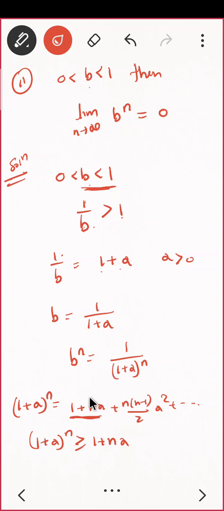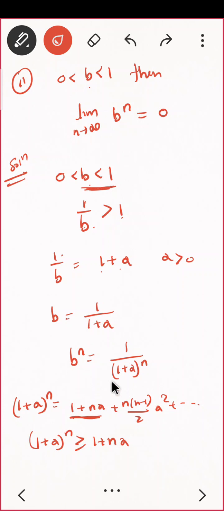Because I'm just taking the first part, so that will be less than or equal to the original sum. Yeah, correct. And this is again greater than na, I think. But I don't need it now. Let us keep it like this.